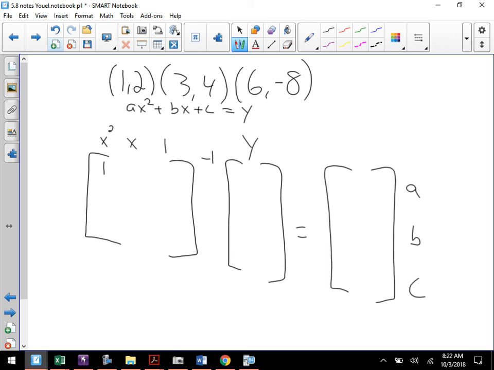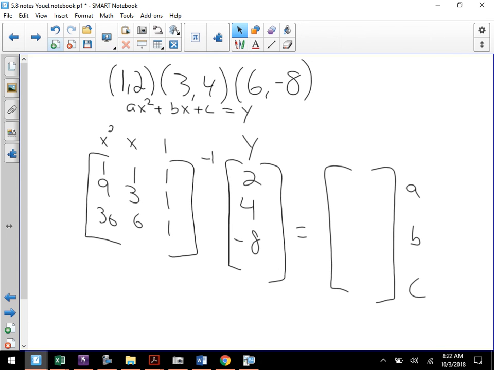So 1 squared is 1, 1, 1, 2 squared is 4, 2, 1, 6 squared is 36, 6, 1, and the y values are 9, 3, negative 8. Now, you could get messed up real quick if you hit a minus button instead of negative, or you just accidentally hit the wrong thing.